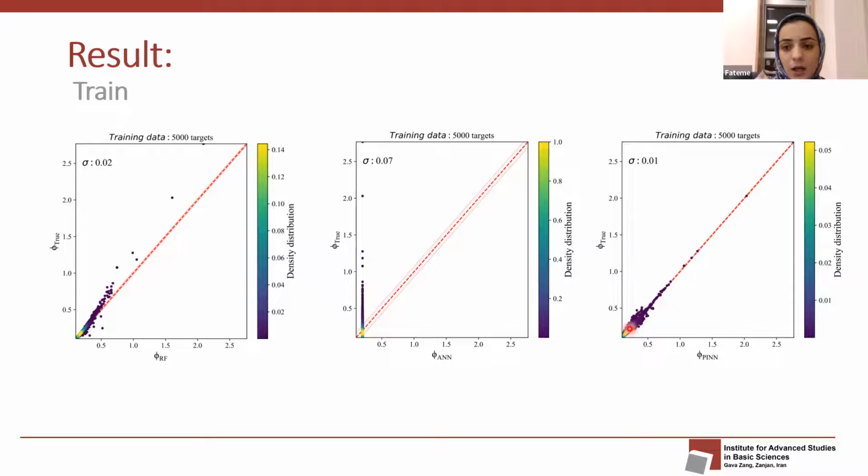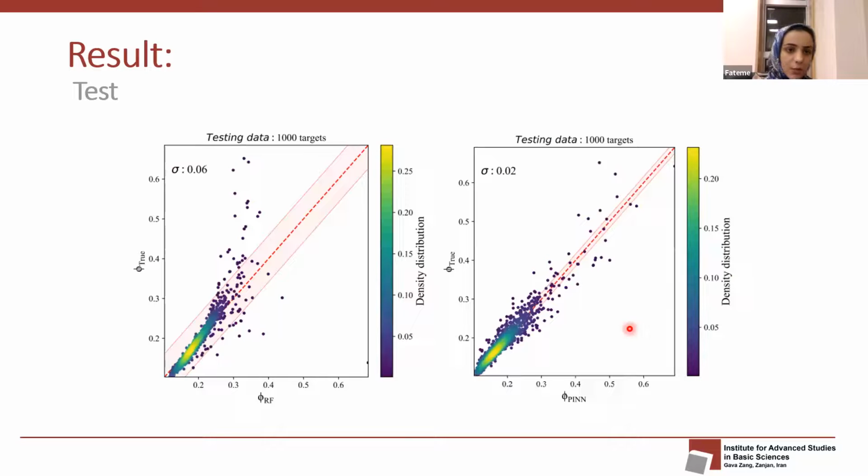But we evaluate our model, we test our model on test data, and since the neural network did not work well, we do not compare the results of the neural network on the test set.